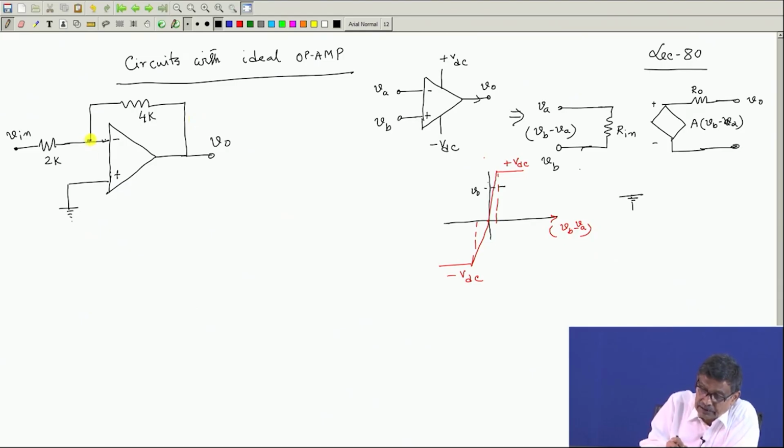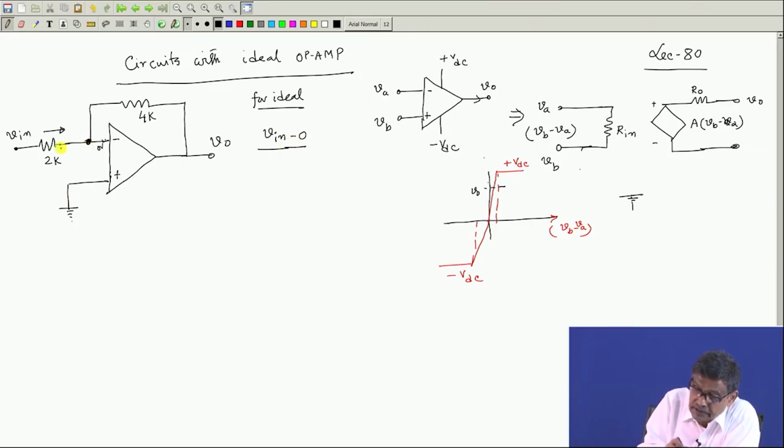Then to calculate the relationship between output and input voltage, you just apply KCL here. For an ideal op-amp this point is 0 volt, so this is also almost 0 volt. What will be this current? It is a one line calculation: the voltage across the resistance will be V in, with respect to ground all potentials are calculated, minus the 0 potential of this point.